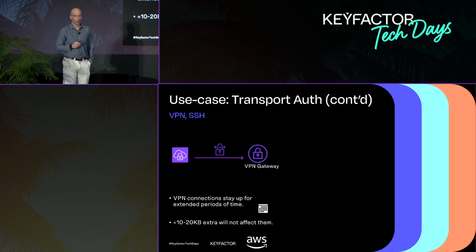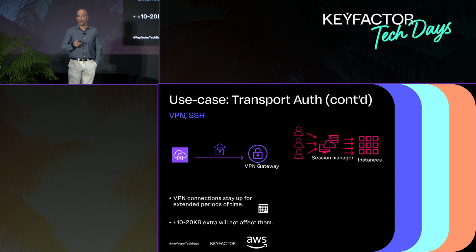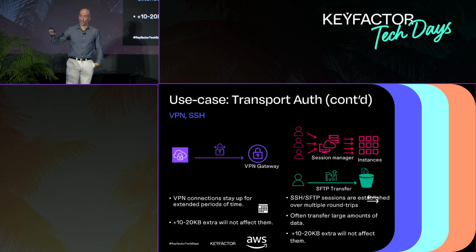A similar example is SSH types of applications, where you manage a bunch of instances through a session manager or through an SSH connection, or some SFTP transfer over SSH that transfers a lot of data. These types of connections have a lot of round trips, and that's how the protocol works for SSH. So you have a lot of back and forths, right? And sometimes you have a lot of data through them too.